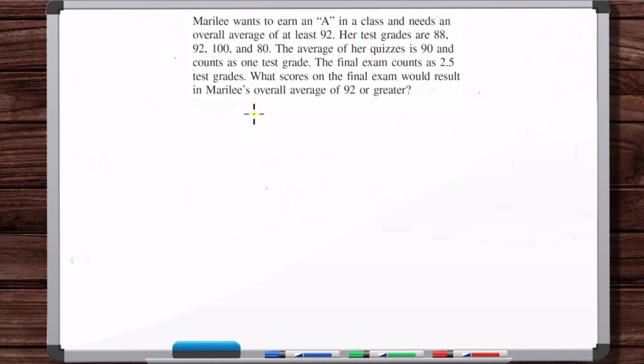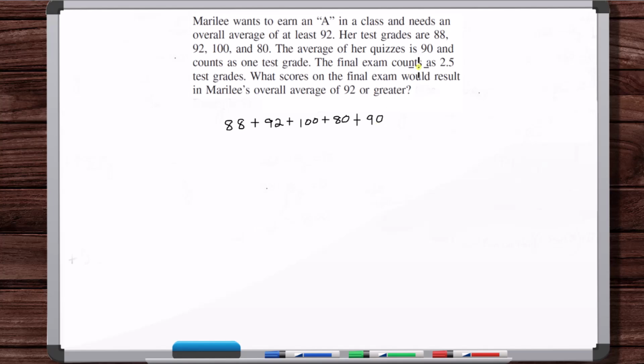All right. So how do we write this average? Let's just write this average first. So the average of all of her scores, so 88 plus 92 plus 100 plus 80. Okay, now then plus 90, and that's just like a test grade.